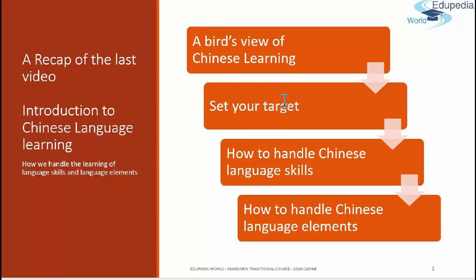Then we talked about how to set your target for the learning, in which you select your learning skills and elements needed, and how to handle the targeted language skills and language elements. If you still forgot some of the important parts, you can go back to the video.